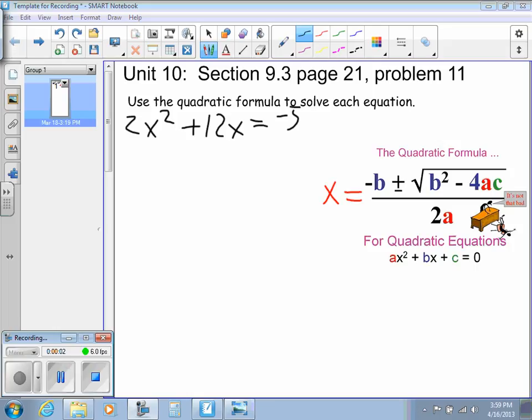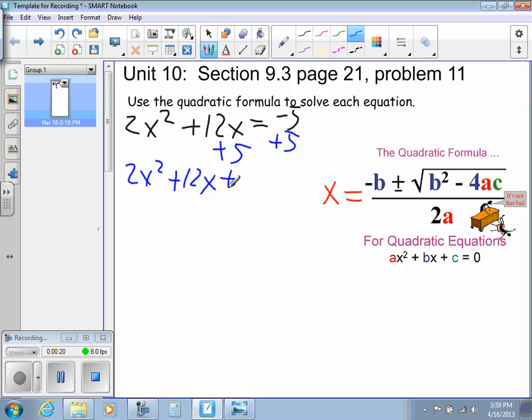Okay, again, I need to get everything on the same side of the equation and set it equal to 0. So I'm going to add 5 to both sides of the equation, giving me 2x squared plus 12x plus 5 equals 0.